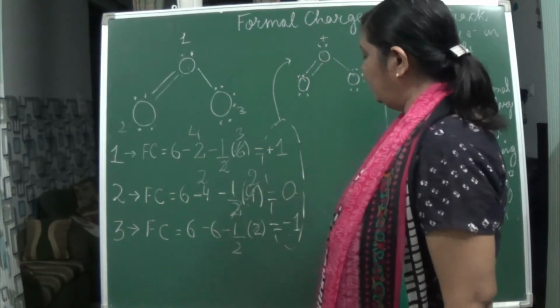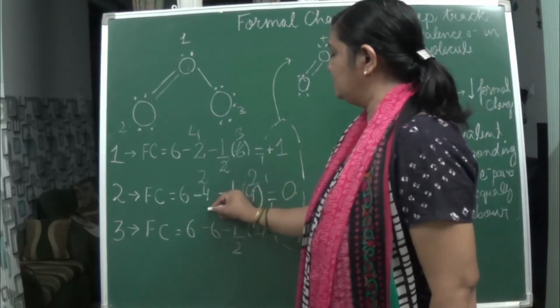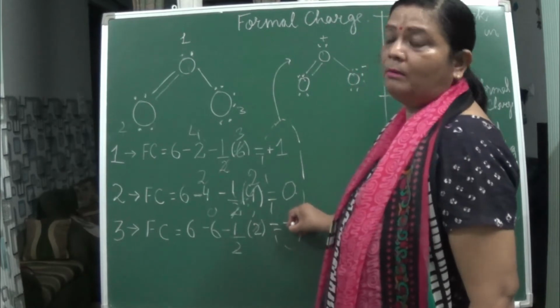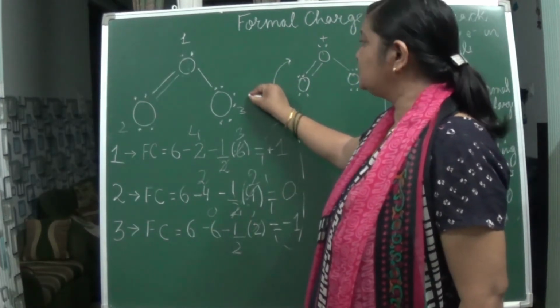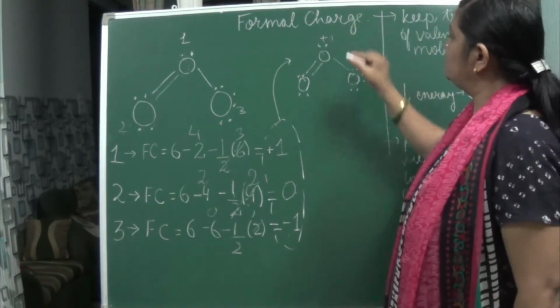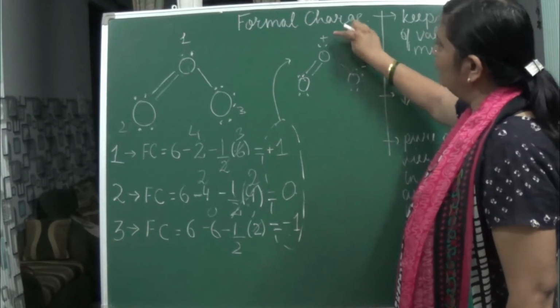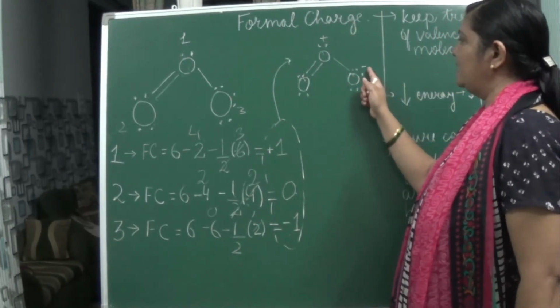Here it is 1, and 6 minus 6 is 0, so the answer comes minus 1. So the charge acquired here is minus 1. So this one has plus 1 charge and you will be writing plus over here. Here it has minus 1 charge, you will be writing minus.